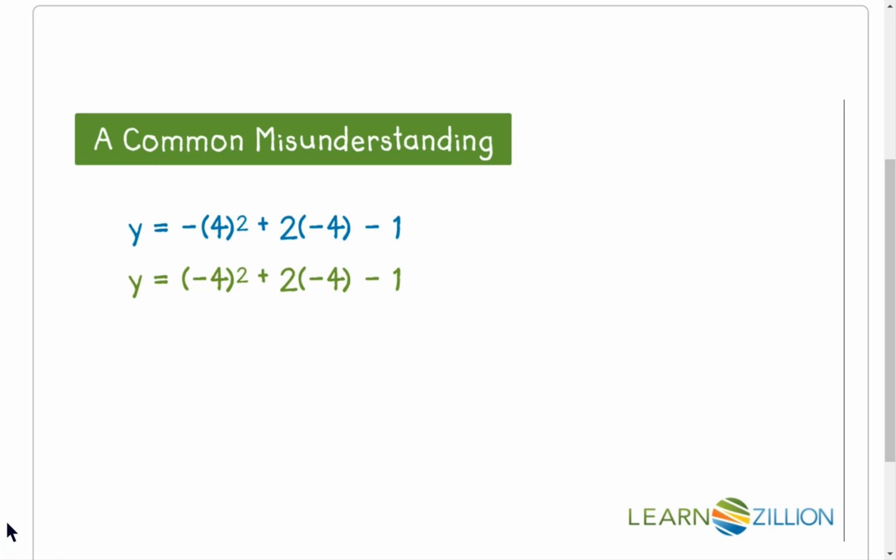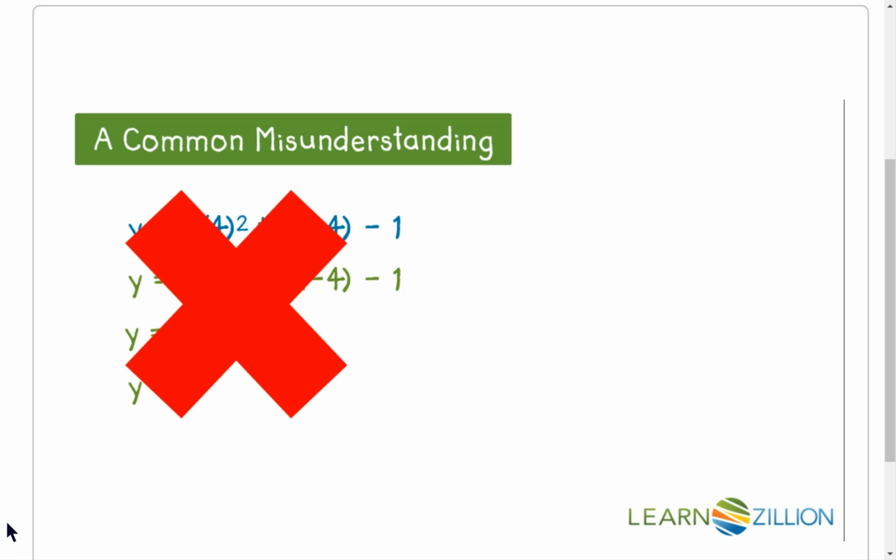And you end up with negative 4 squared plus 2 times negative 4 minus 1, which is 16 minus 8 minus 1, which gives you an answer of y is 7. This is very wrong. The order of operations states that exponents come before multiplication. That 2 exponent is only with the 4. It is not with the negative 1 that is outside of the parentheses. So this problem is wrong.